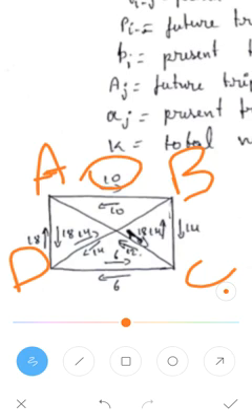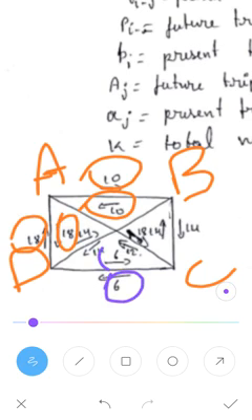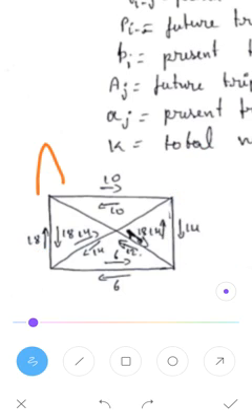The trips from B to A is 10. D to A is 18. Again A to D is 18. D to C is 6. C to D is 6. Same way B to C is 14 and C to B is 14. So like this the relations are.